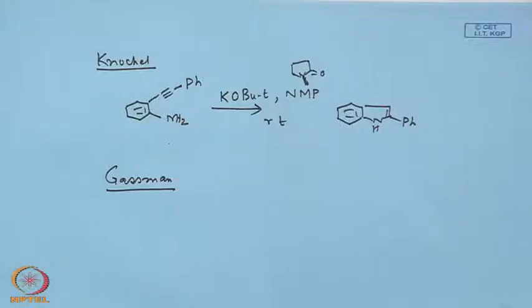Likewise many, but the most popular one that we learned, still there in the textbook, is known as the Gassman indole synthesis. I think you will find this in both Gilchrist's book and Joule's book.